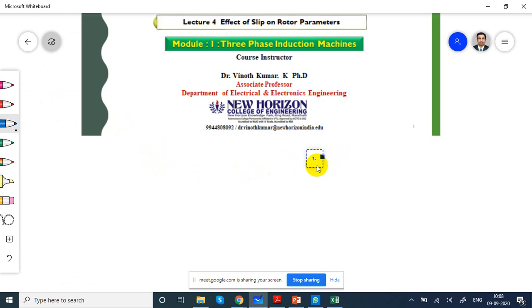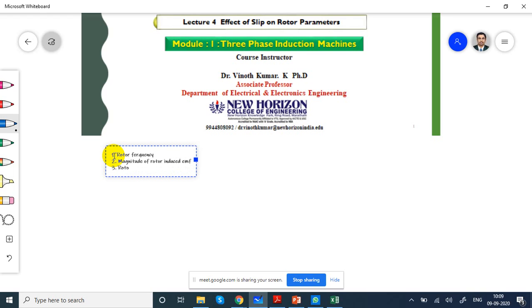There are 5 parameters. The first parameter is rotor frequency. Second parameter, magnitude of rotor induced EMF.